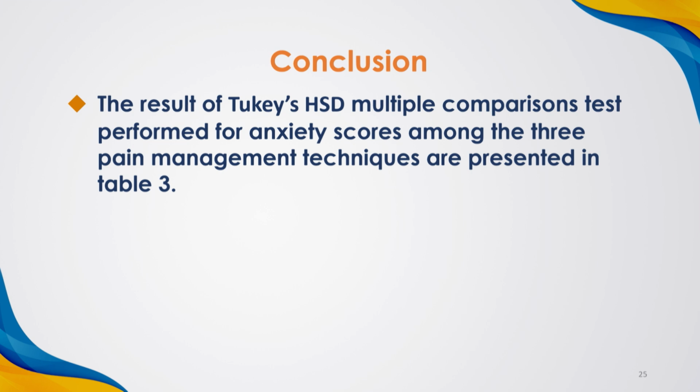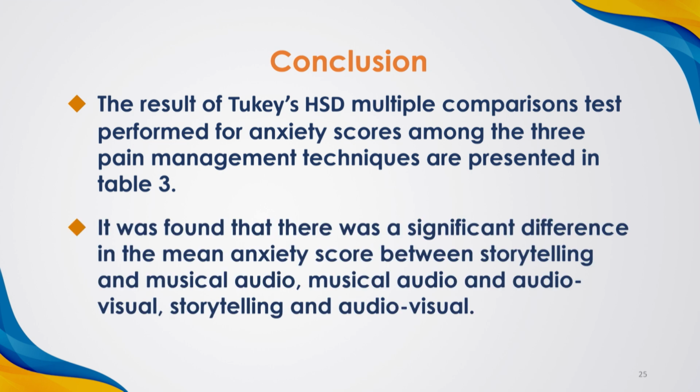In addition to reporting the result in a table, you should also write in the form of text whatever you have concluded in terms of Tukey's test. So, the result of Tukey's HSD multiple comparison test performed for anxiety scores among the 3 pain management techniques is presented in table 3. It was found that there was a significant difference in the mean anxiety score between storytelling and musical audio, musical audio and audiovisual, and finally storytelling and audiovisual.